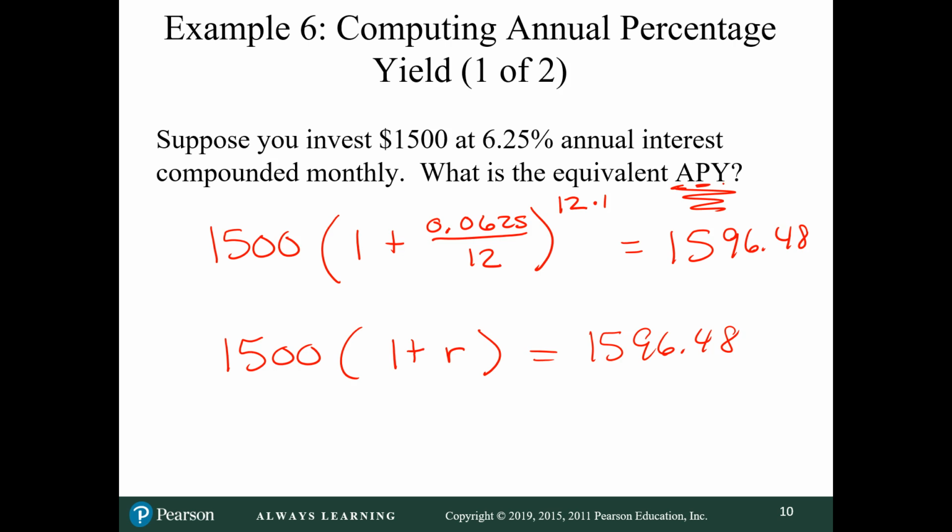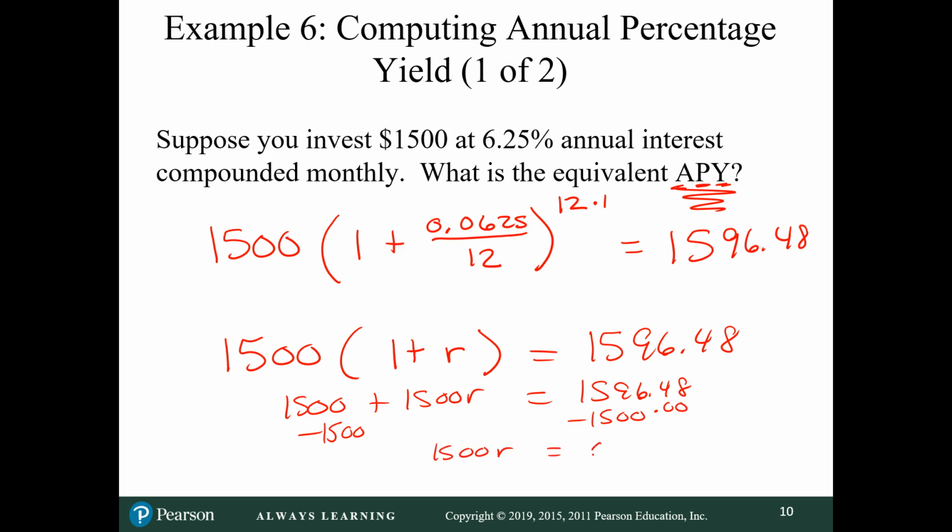Annual percentage rate for years. So what I would do is I'd just go 1,500 plus 1,500 R equals 1,596.48. Subtract 1,500. So 1,500 R equals basically 96.48, and then divide by 1,500.